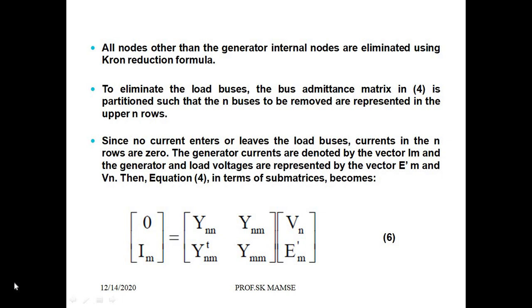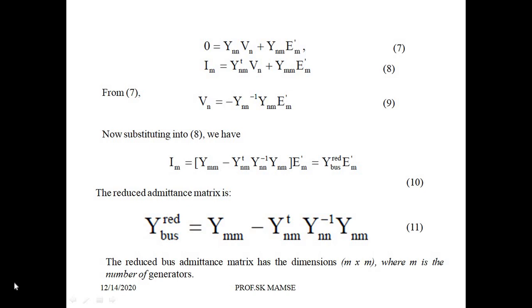The equation in partitioned form becomes: 0 and Im equal to the matrix [Ynn, Ynm; Ynm^T, Ymm] multiplied by [Vn; Em']. So 0 equals Ynn Vn plus Ynm Em, and Im equals Ynm^T Vn plus Ymm Em.